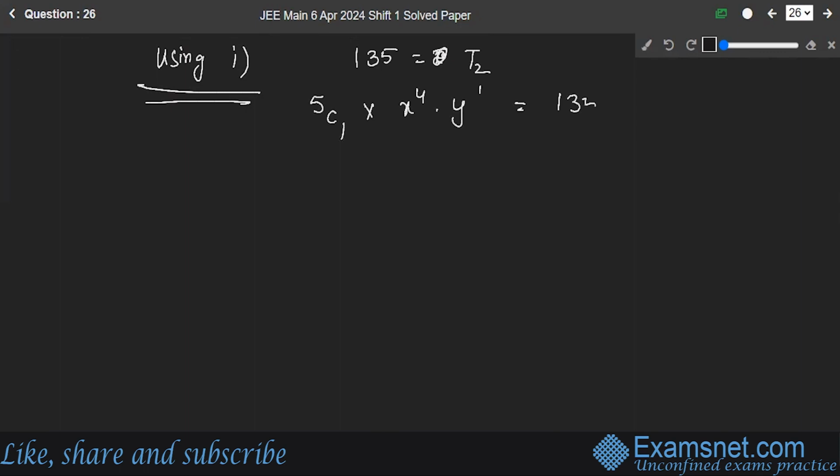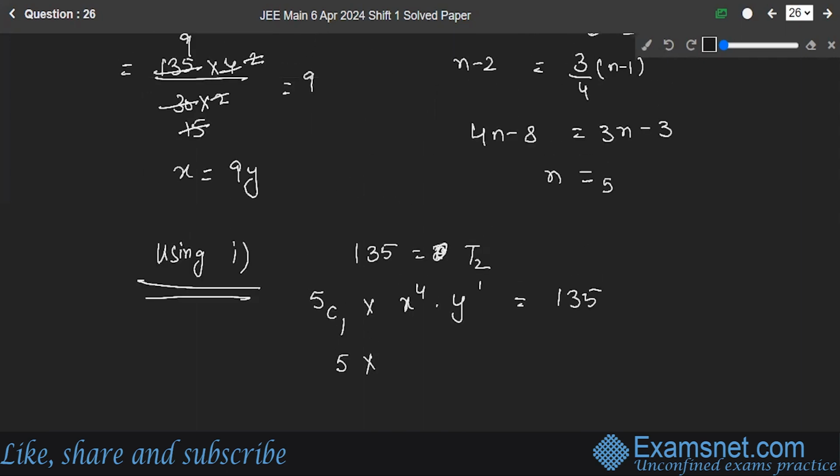This is equal to 135. This gives me 5C1, which is equal to 5, and x, let it be x only, and y can be written as x upon 9. This is equal to 135.